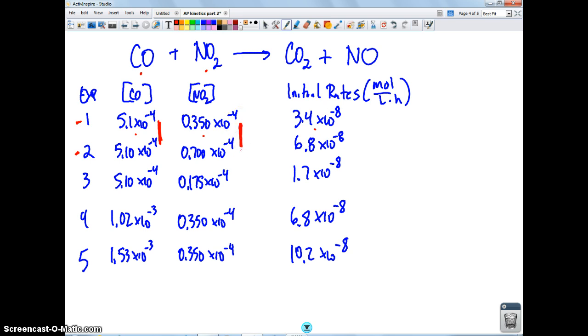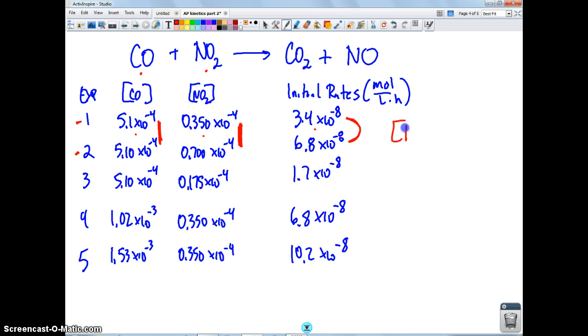Sorry about the inappropriate scientific notation, but it just makes it easier to see these numbers this time. So this is being doubled from 0.350 to 0.7, that's doubled. And as I look at that being doubled, what happens to my rate? It's also being doubled.